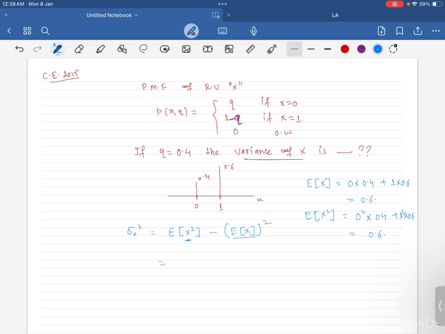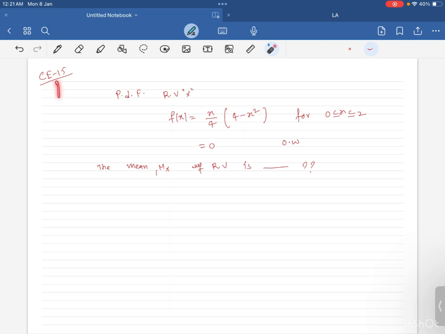So the variance is 0.6 minus 0.6 square, right? That is equal to 0.6 minus 0.36, which is equal to 0.24, right? So this is the answer for this question.